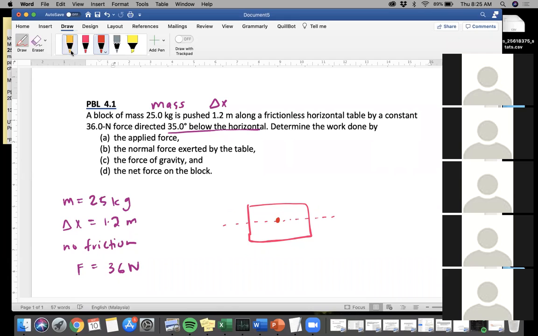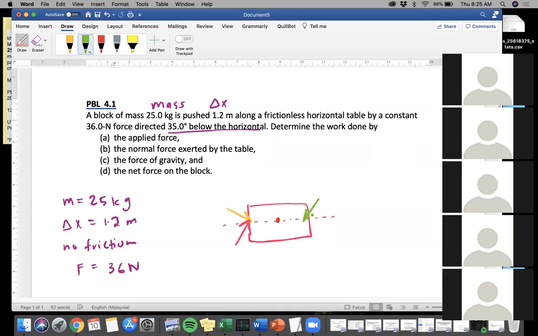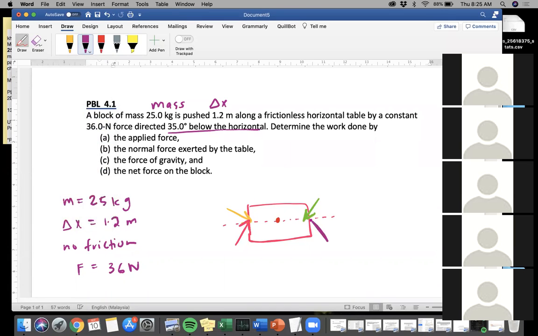I'm going to give you options. Should it be the yellow guy? The pink guy? The green guy? Or the purple guy? Which one?